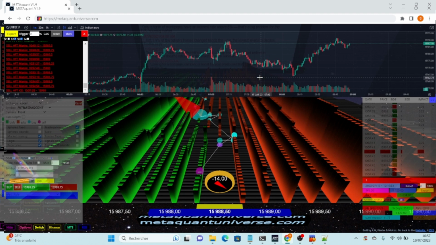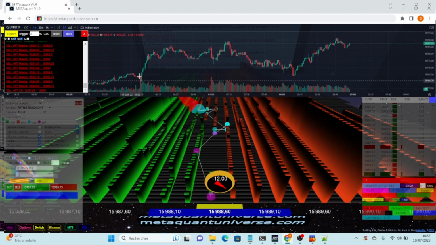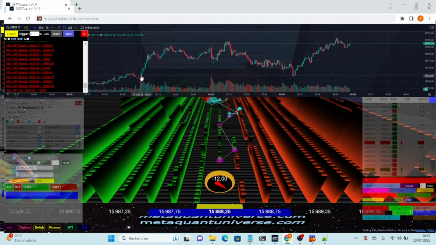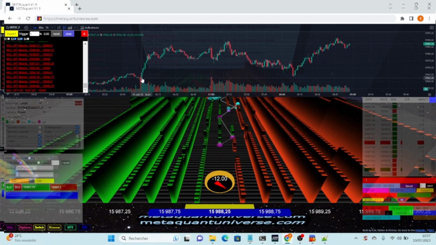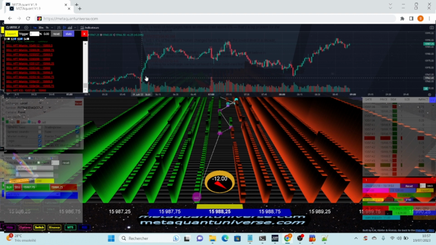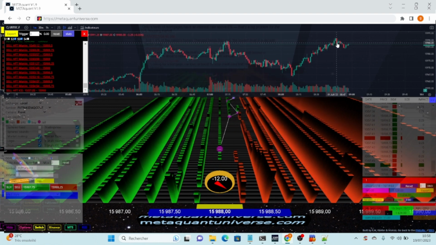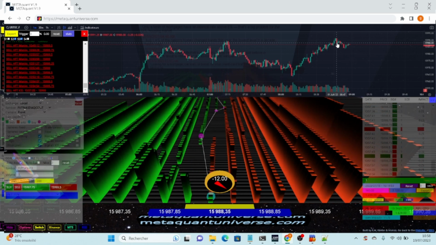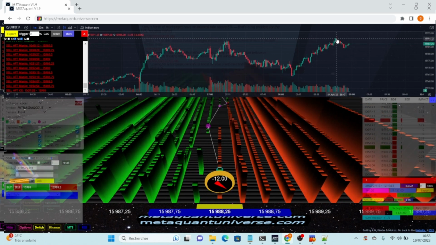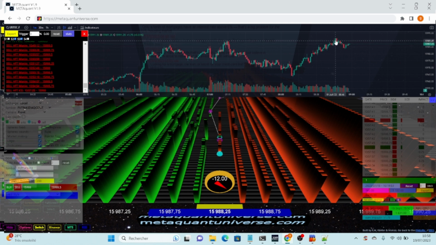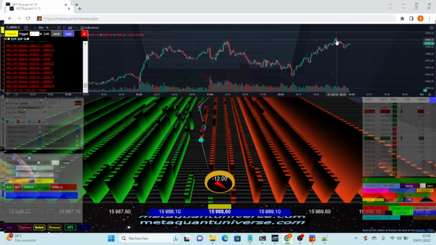We have a pullback on just the price area that we had at 6 o'clock. Then now, the same thing, I think. We have the same thing happening. We have printed a new daily high just here.